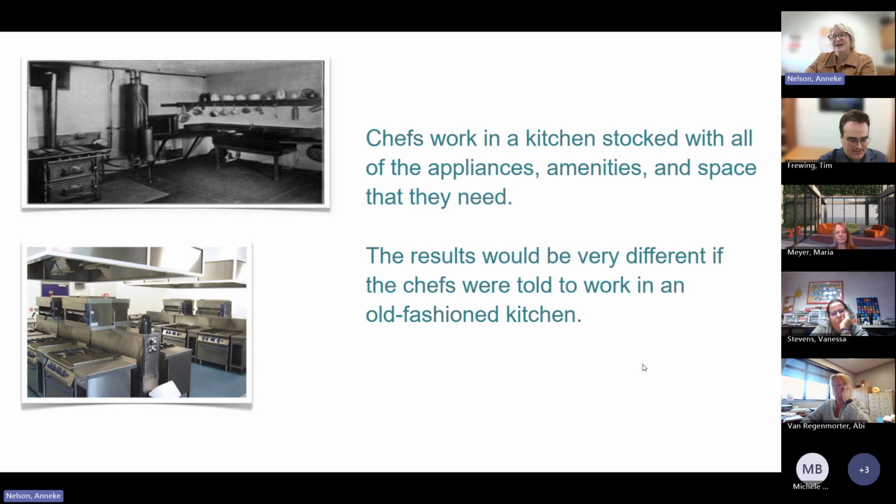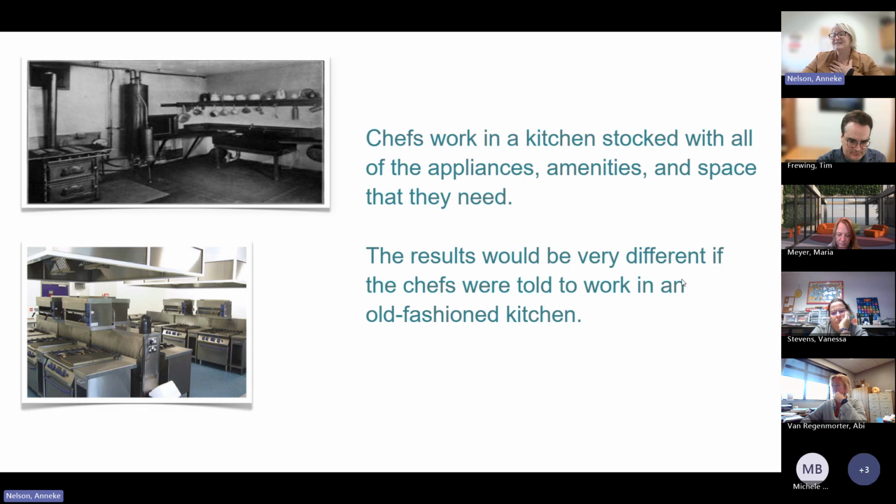So we want to make sure, again, that we're working in a modern kitchen. We're considering modern things and things that we know work with students. If we were working in an antiquated kitchen where things didn't work or didn't work as quickly, we wouldn't end up with the same dishes at the end, or they might not taste as good or look as good, or like Grant thinks, maybe they don't look good at all, regardless of which kitchen you're working in.